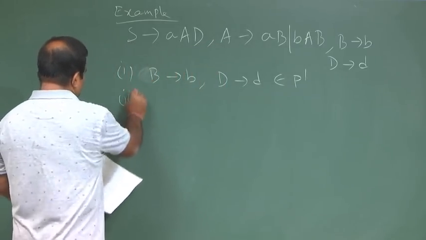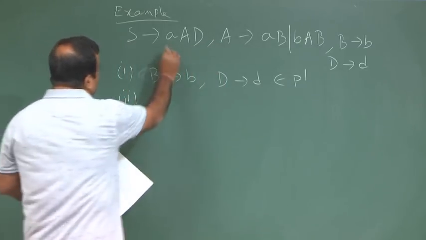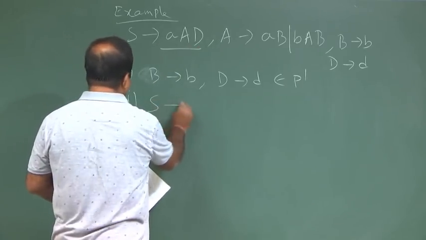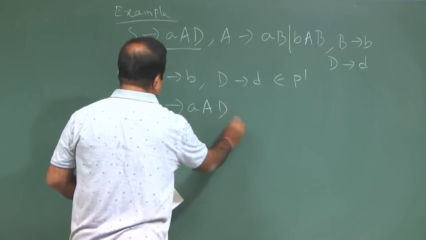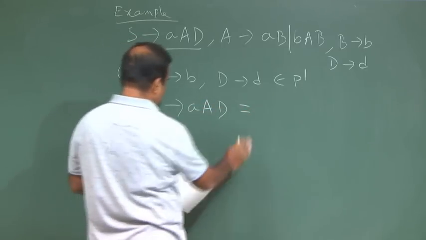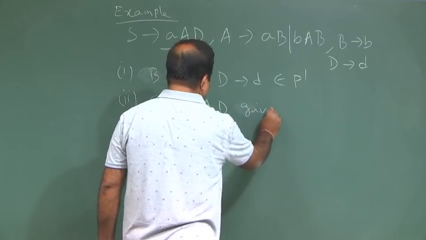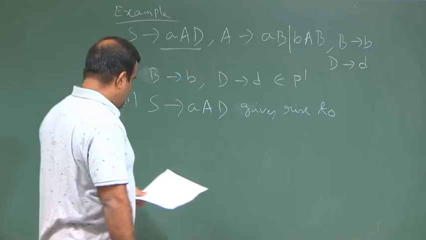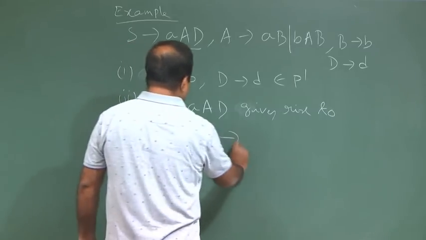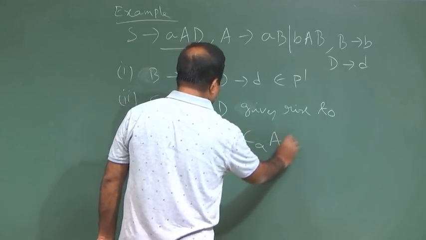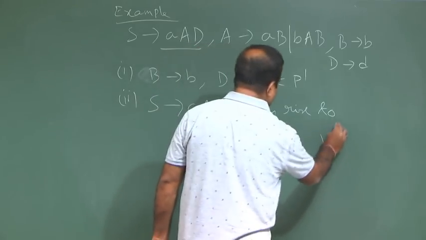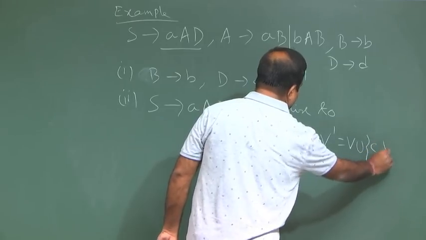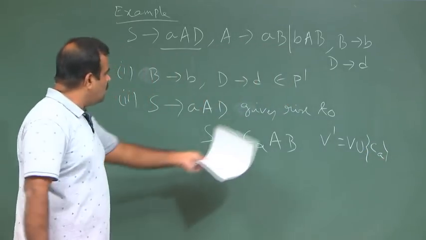Then we take this one, which is a mixture of variable and terminal, so we replace it. S is going to C_A A B, where C_A is a new variable we introduce. So, V prime is V union C_A. Now this is all variables.